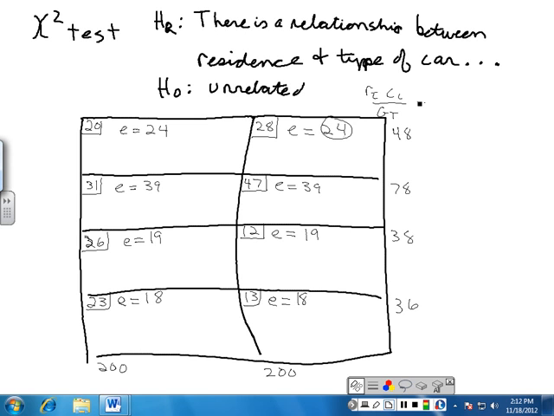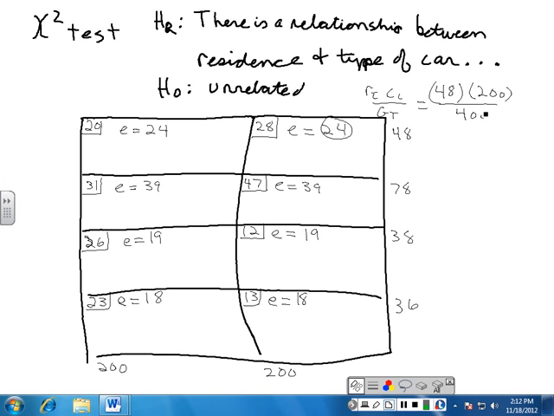So the row total in this one would have been 48. The column total is 200. And then the overall total is 400. And of course, that'll come out to 24.